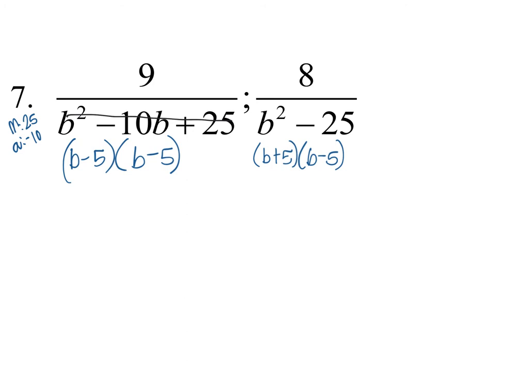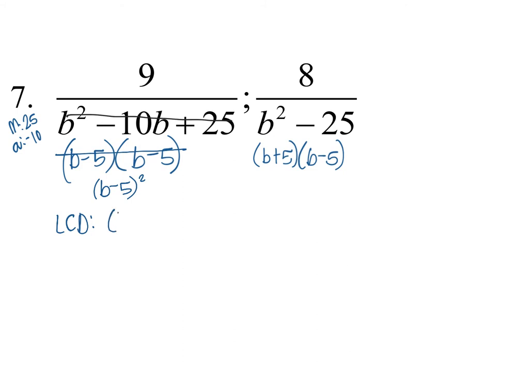I will say this, notice that you could also think of that as b minus 5 squared. Now when we're building that LCD, you want to write down all of the different factors that you had.